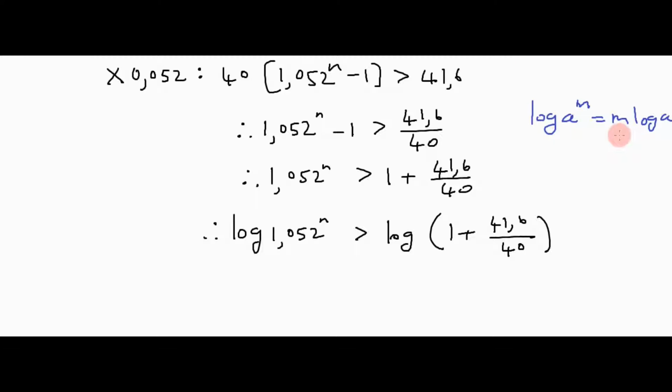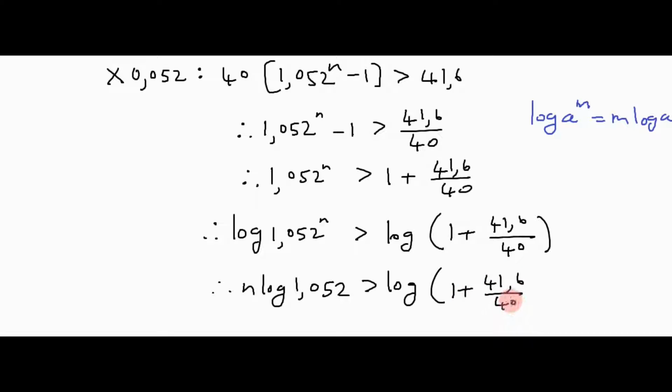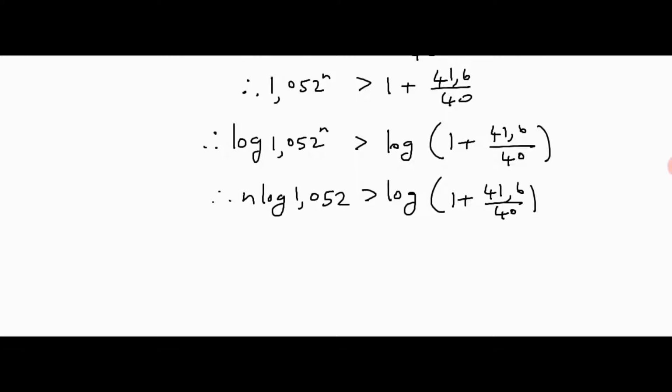So using this rule, the n can go in front of the log. And now we can divide the log of 1,052 into the right hand side.